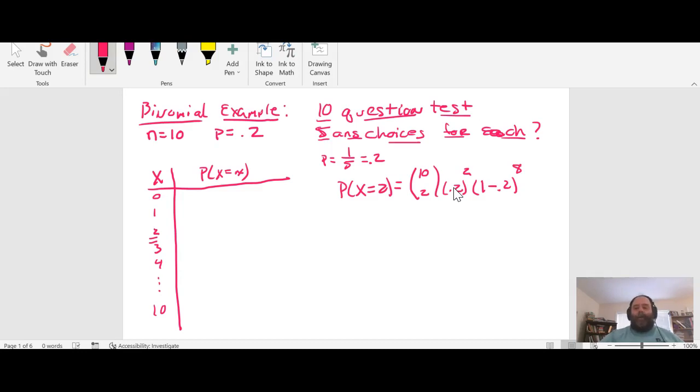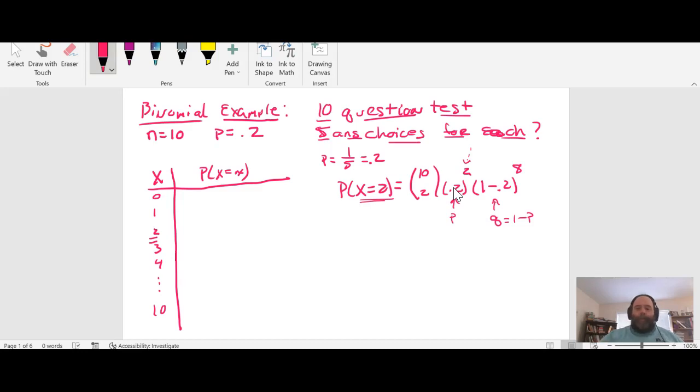If you think about what's going on here, it'll make some sense. If I got 2 questions right, I take p, my probability of success, and I take that to the second power. 1 minus 0.2 is the probability of failure, which some people call q, which is 1 minus p. And you have 8 failures.